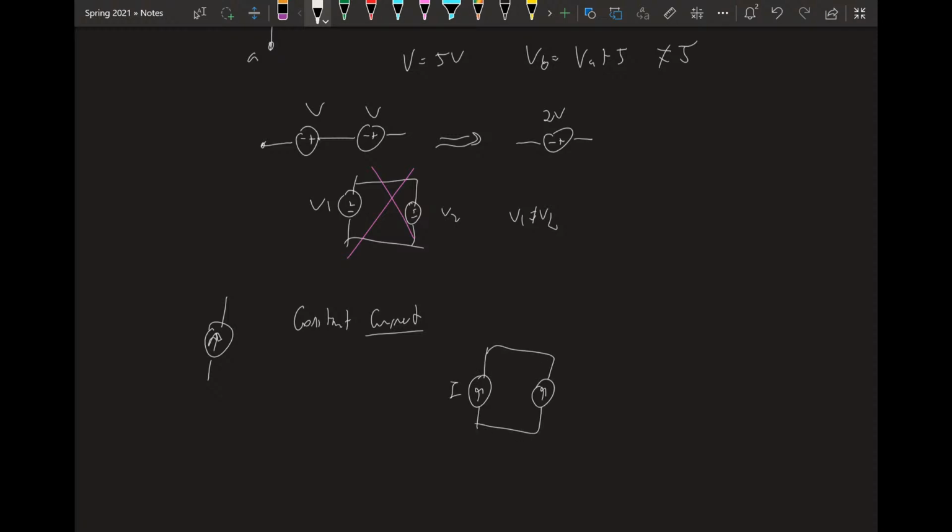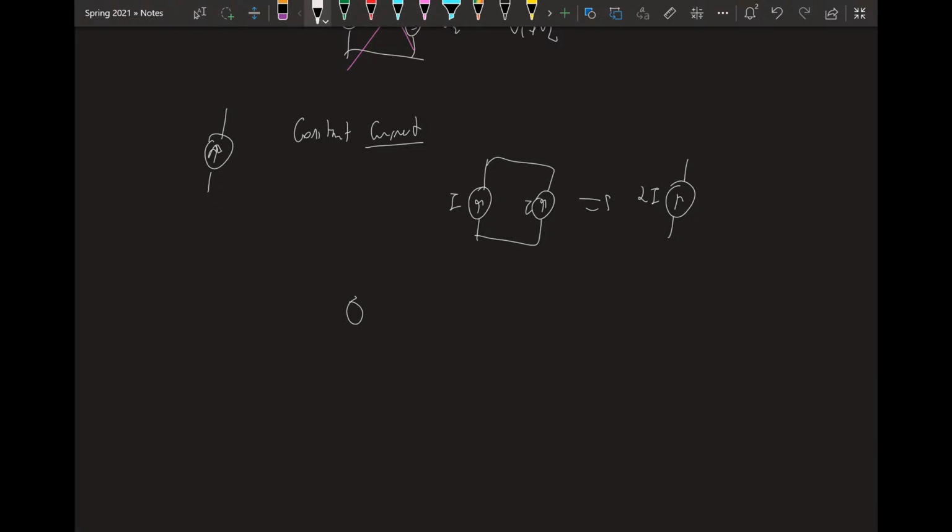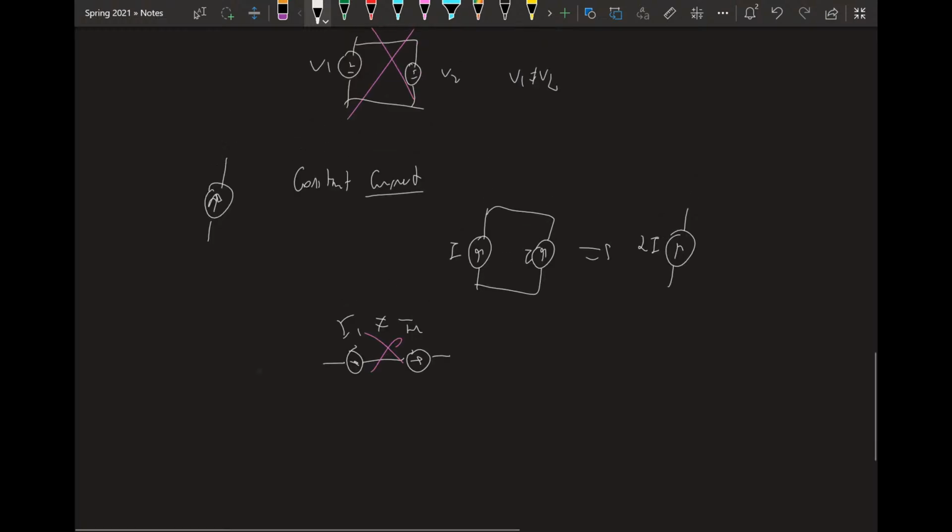You can do this. They'll add. Current sources in series, on the other hand, they will blow up. Because if I1 does not equal I2, then what's the current in the branch? We don't know. Don't do it.